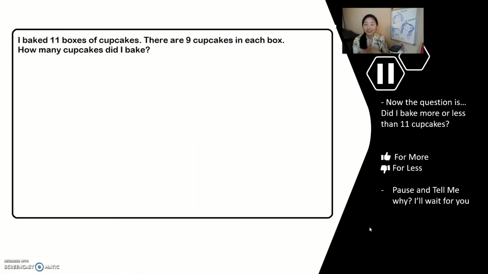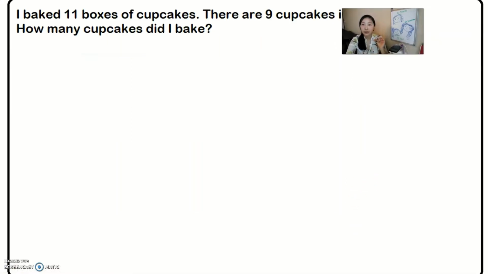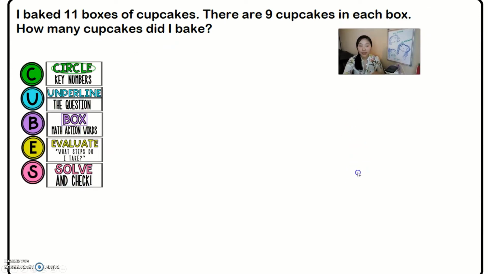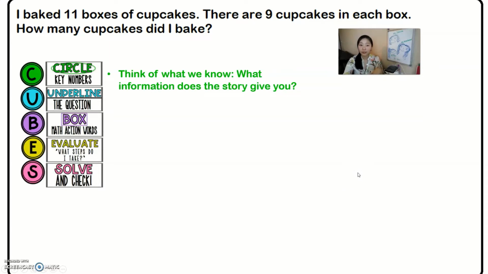Good job explaining. Now let's go and review a couple things before you go and solve. I'm going to go through a couple steps again before you go and actually solve the question. And that is the C, U, and B part, so you can actually go through the E and evaluate with me before you go to the S and solve. So think about what information they give you, and you know, well, the 11 cupcakes and the 9 cupcakes.